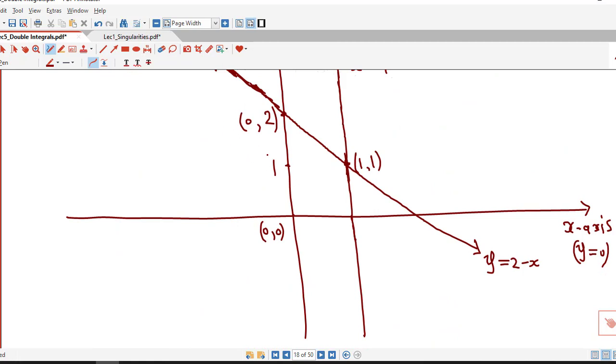So y equal to x square, we know that if we have y equal to x square, then it is a parabola which opens in the upward direction. So we have to sketch appropriately. We are not interested in what happens on the left side of the y-axis, so we just concentrate on this part.